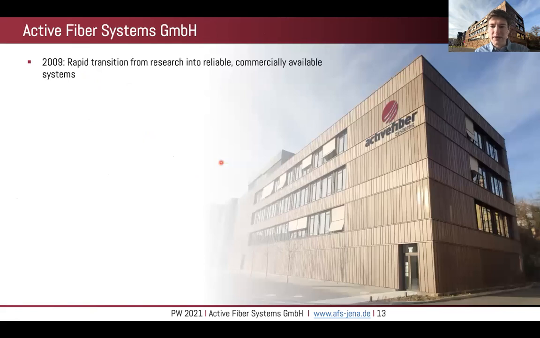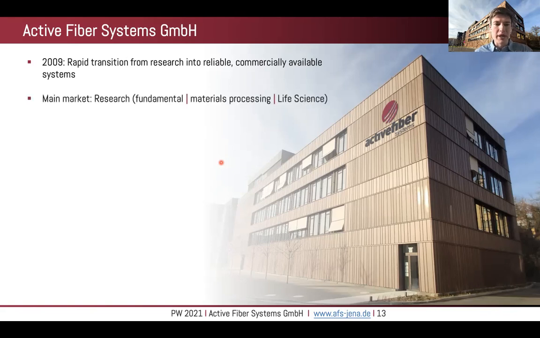So as I said, the source has been built at Active Fiber System. Active Fiber System is a company that has been founded in 2009, and our mission is to rapidly transit from research into reliable, commercially available systems. Our main market is found in research, from fundamental research, materials processing to life science.